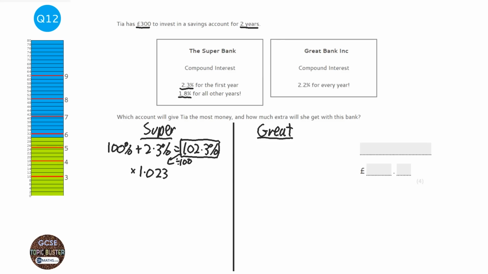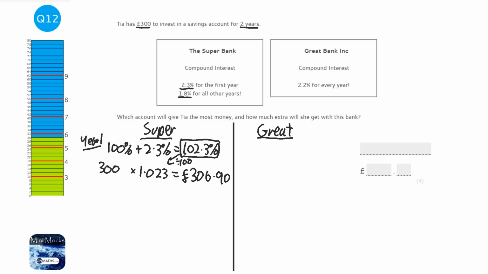So if I times 300 by that, that will tell me what we have after year 1. So let's calculate 300 times 1.023, and you might need to press S to D. And that is £306.90.